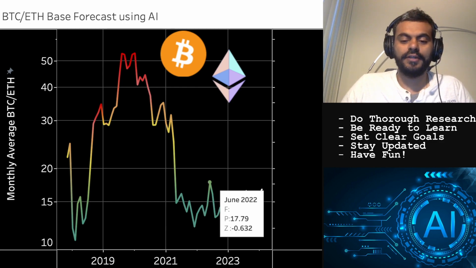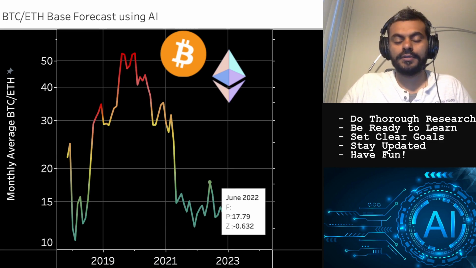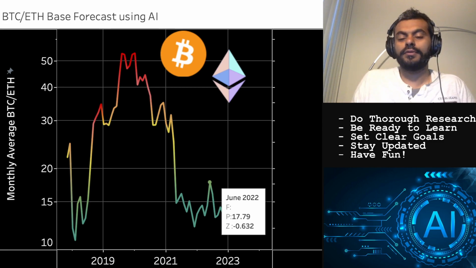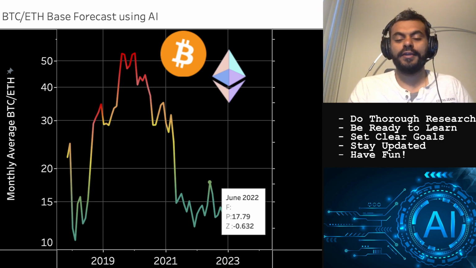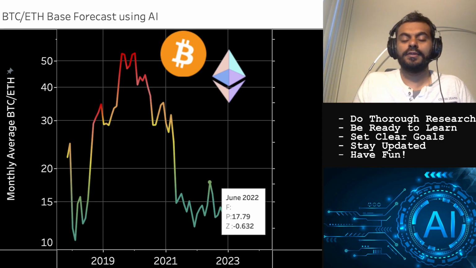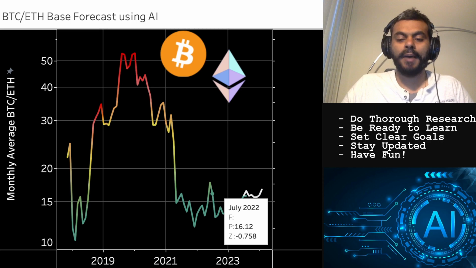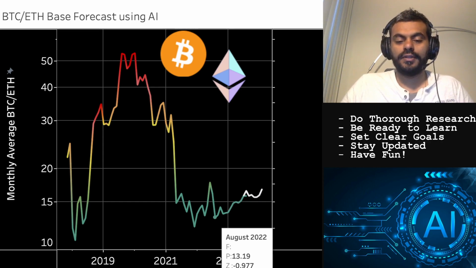This valuation did break down before the Ethereum merge and in the bear market of 2022, where you could have gotten almost 17.8 Ethereum per BTC. But ever since the merge, it went back to Ethereum's favor.